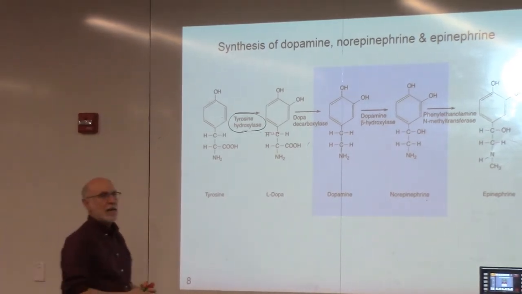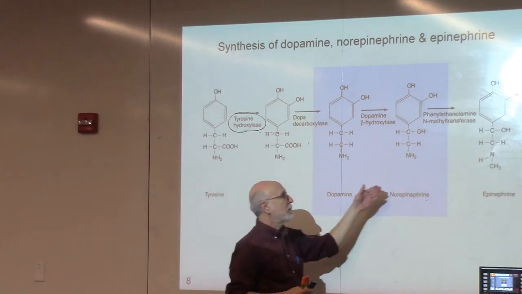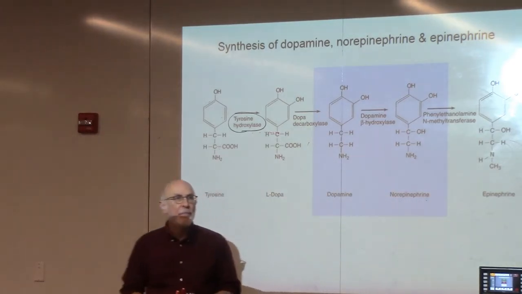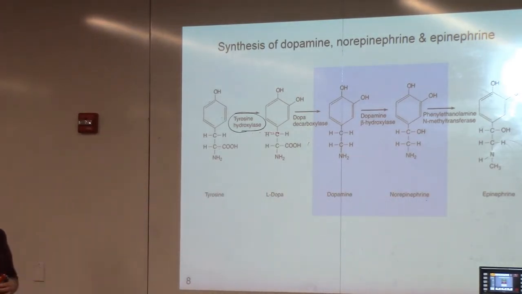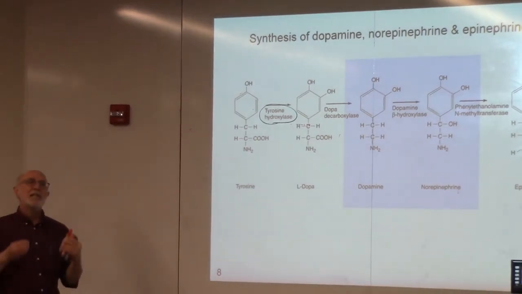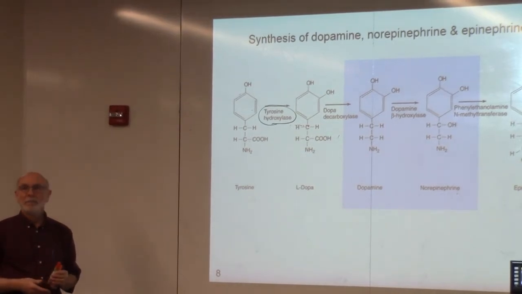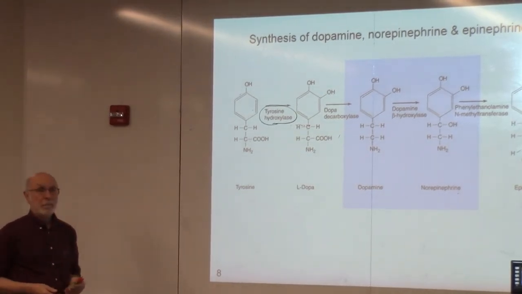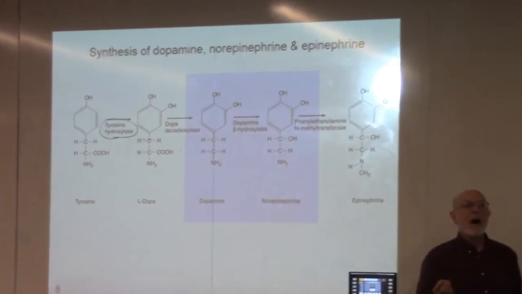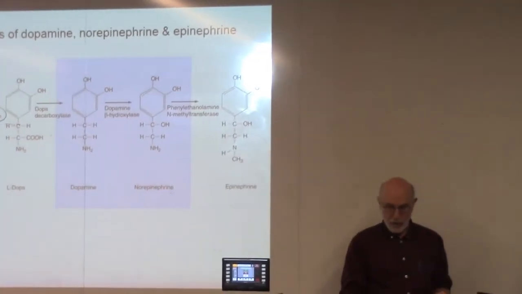I don't expect you to know that dopamine comes first and then norepinephrine and then epinephrine. I don't need you to know that. I don't need you to know the names of any of the other enzymes, but it's there on your sheet for reference. But I do want you to know the name tyrosine hydroxylase. Because it defines catecholaminergic neurons.